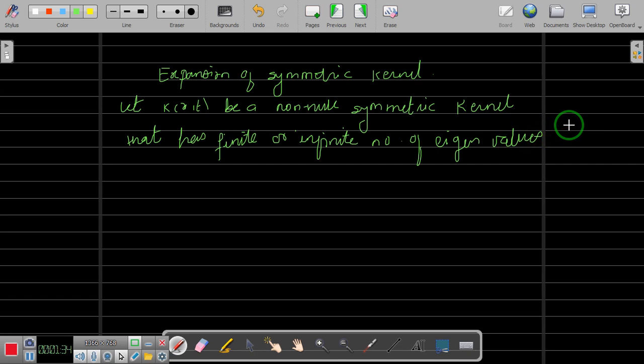We don't know whether it's finite or infinite. So let us take a non-null symmetric kernel which has finite or infinite eigenvalues. If it is finite, it doesn't matter actually.